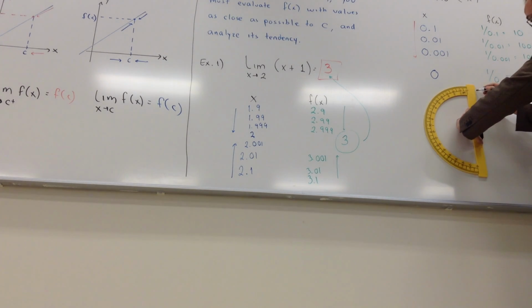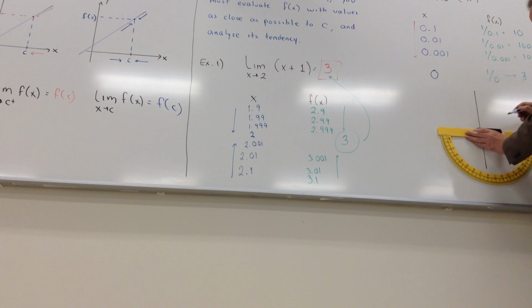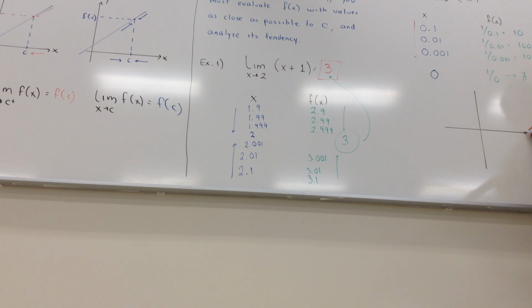So, if I want to graph 1 over x, it's a rational function, and the shape of that is almost something like this and like this. Remember that? And if you remember, we have asymptotes.